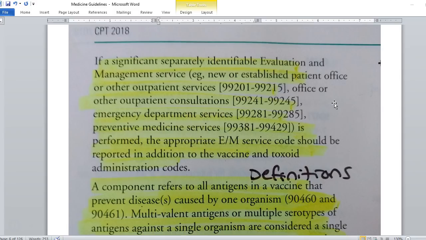If the patient is only there for the vaccine, we can't code an evaluation and management service. So again, the modifier 25 kind of links that and says, this is what the patient had done. They had a preventive medicine service, a yearly physical, and we gave them the vaccine. Pay us properly for both sets.